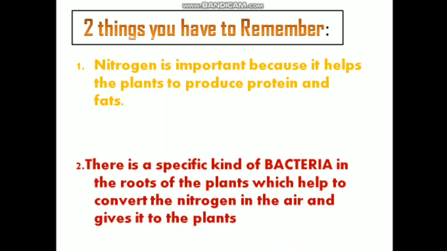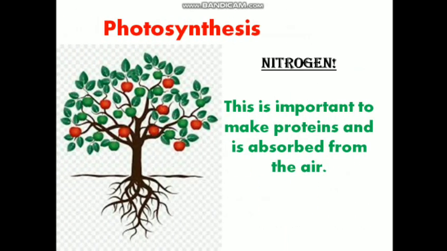So these are the two important things that need to be remembered. So this is important to make protein and is absorbed from the air by the bacteria in the roots. Okay, my dear students, it is not taken directly from the stomata. Stomata are only for carbon dioxide.